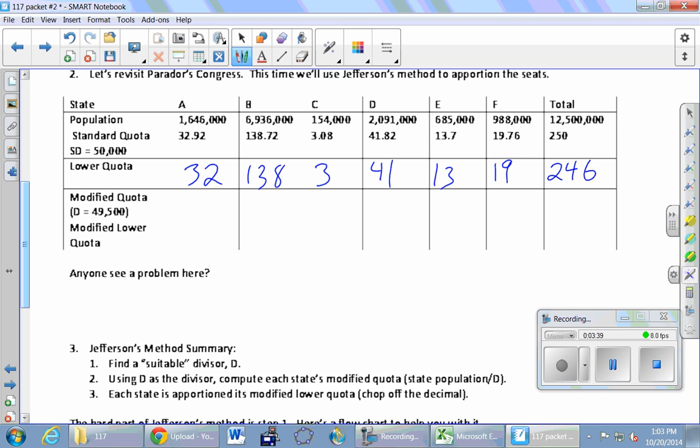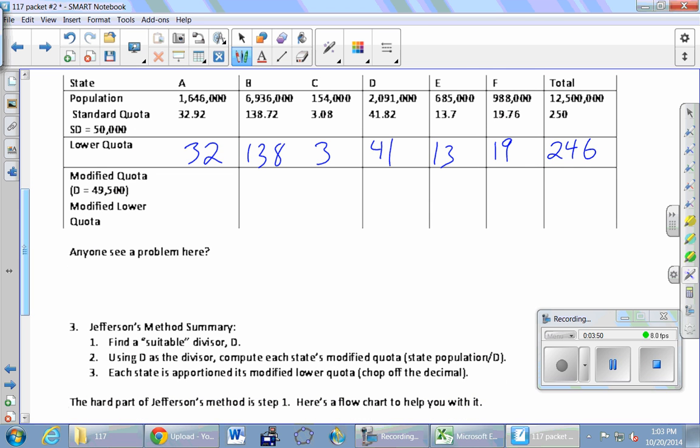What we're going to do instead, I'll give you the whole thing later on. I've got to find it. What we're going to do instead is change the quota. We're going to modify the quota, and here's this number, 49,500. It's just out of a hat right now.